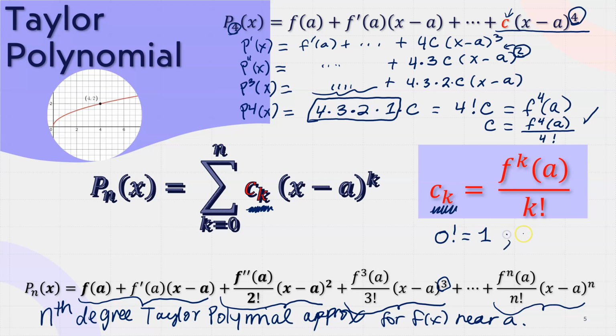And so is 1 factorial. So by definition, 0 factorial is 1. Remember that. So when you plug in k equal to 0, remember the denominator is not 0. It is 1. And that is okay. And so that right there is our nth degree Taylor polynomial of a function near a.